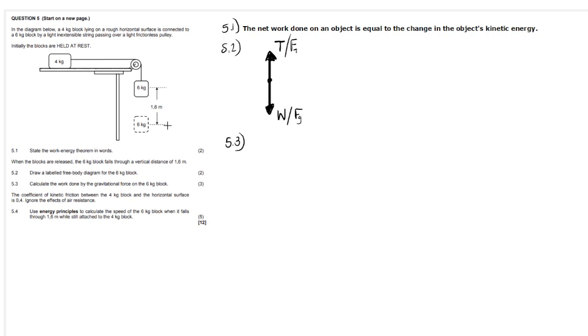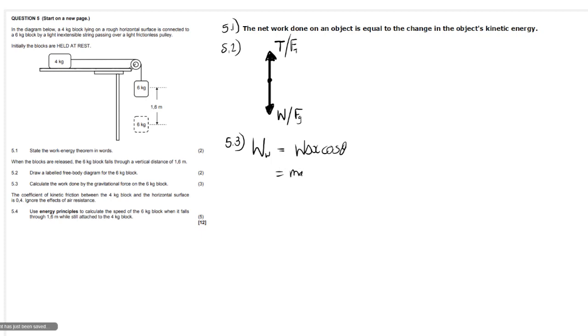Okay, 5.3. Calculate the work done by the gravitational force on the 6 kilogram block. Well, the gravitational force we know is mass times gravitational acceleration. And the work done by gravity or the work done by the weight is simply going to be the weight multiplied by distance covered multiplied by cosine of the angle between the force and the displacement.